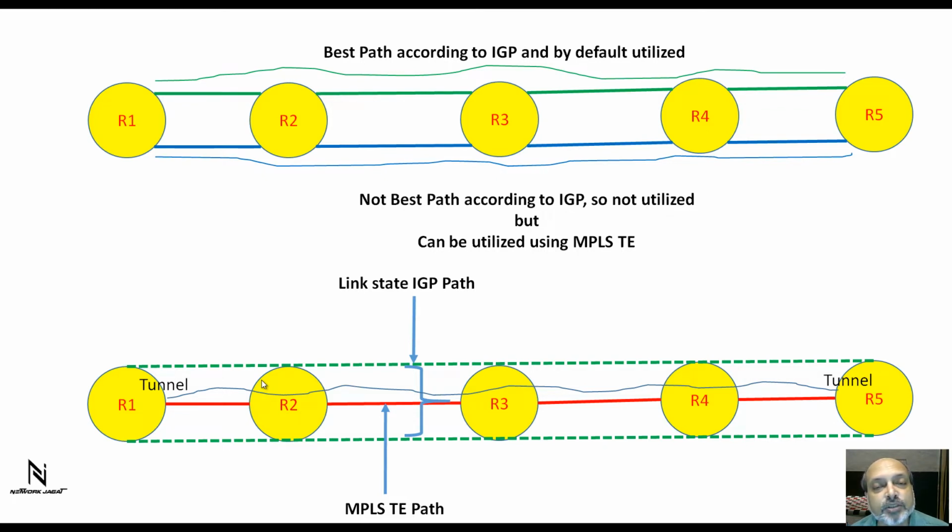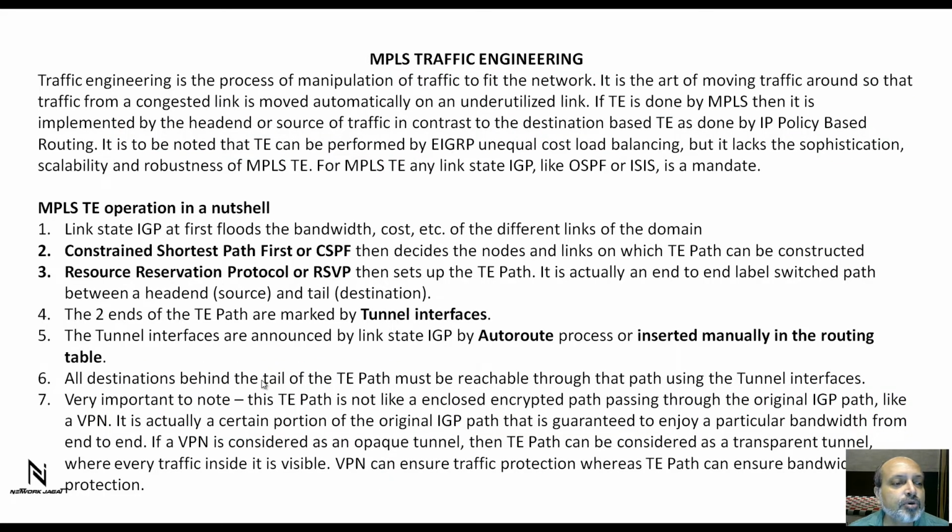How is that path constructed? It is nothing but reserving a portion of the bandwidth. If the total bandwidth is, say, 100 Mbps, then RSVP will reserve, for example, 40 Mbps or 50 Mbps, which will not be given to anyone else. That reserved end-to-end path will be a traffic engineering path. The two ends of the traffic engineering path are marked by tunnel interfaces.